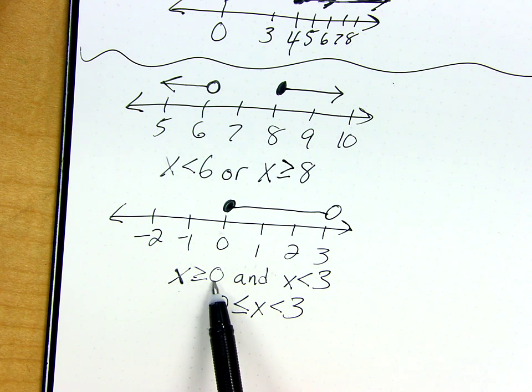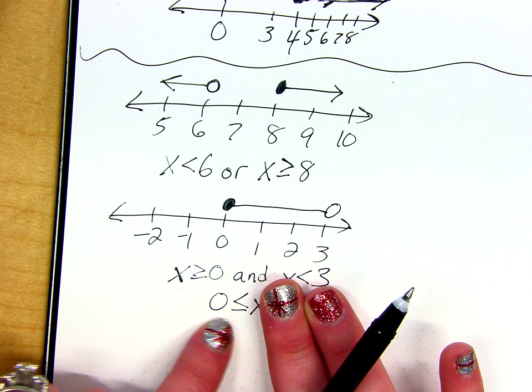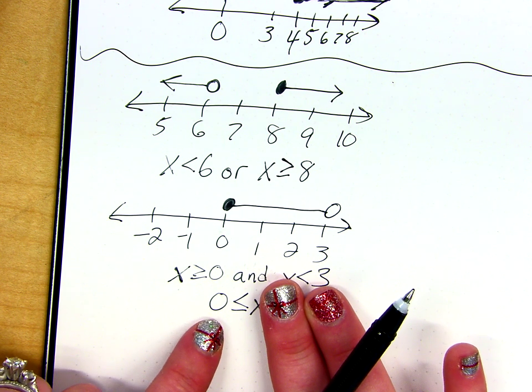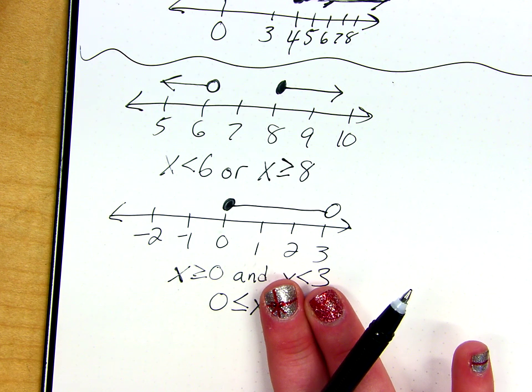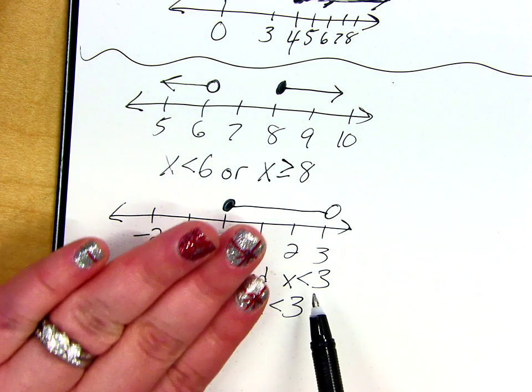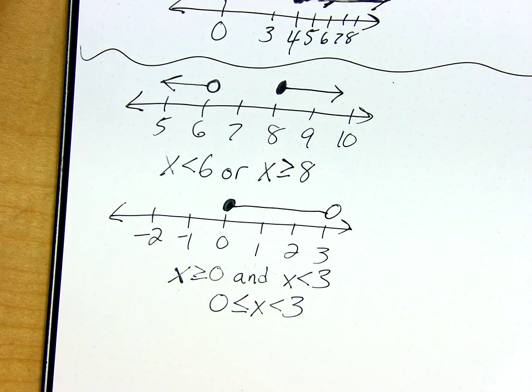X is greater than or equal to 0, right? If I read it backwards, x is greater than or equal to 0. The Pac-Man's eating the x here and Pac-Man's eating the x here. So I didn't change anything. And then I have the same thing on the other side. This one's kind of easy because it's exactly the same. So there's me putting them together as the one and representation.